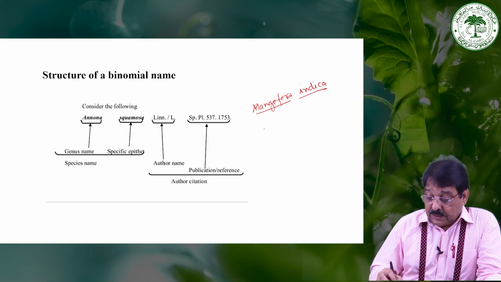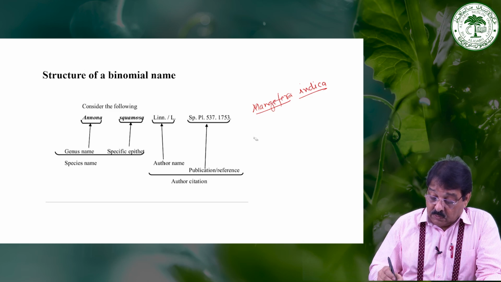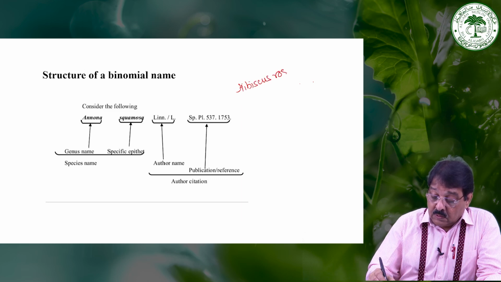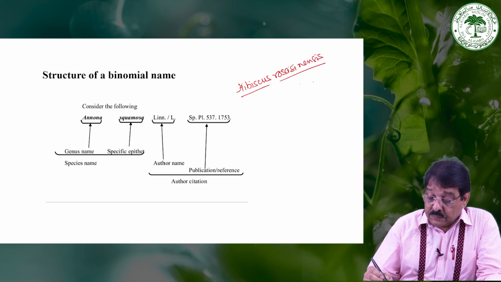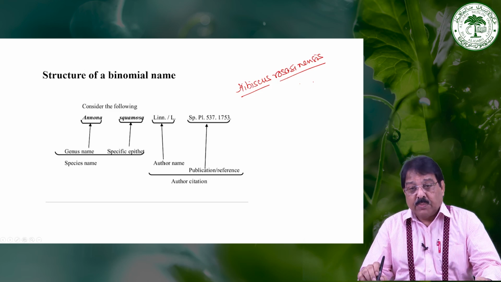If it is written in capital letters, instead of Mangifera, you write Hibiscus rosa-sinensis. That must be underlined separately.